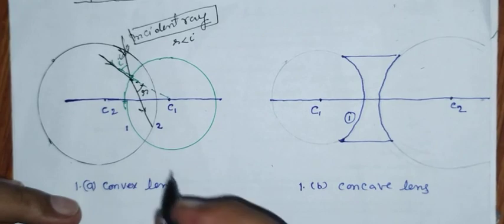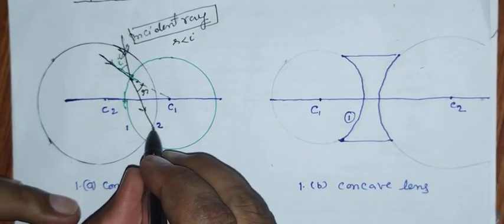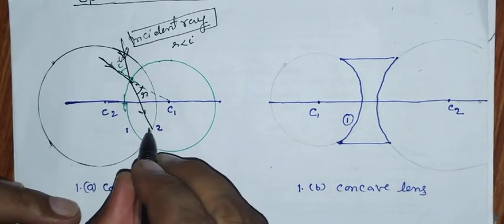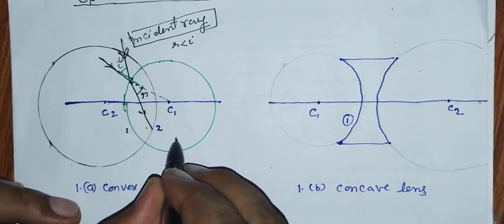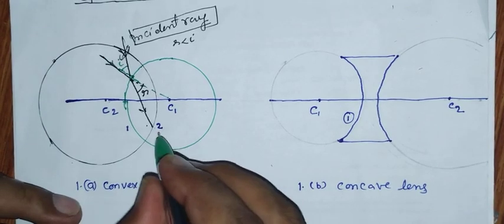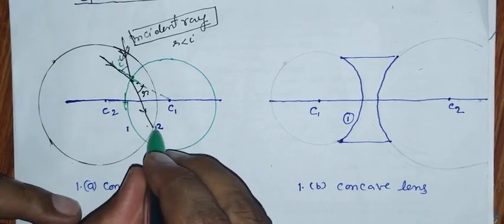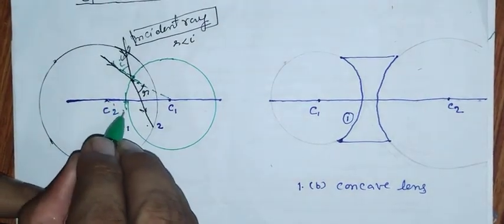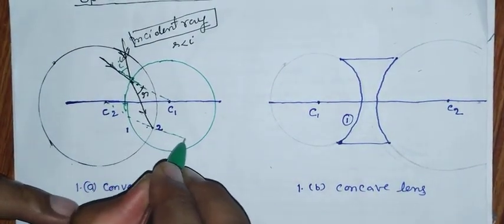Now see again, at point 2, the phenomenon of refraction takes place from glass to air. So again a normal is required here. This normal on the second surface begins from the center of curvature C2 in this way.